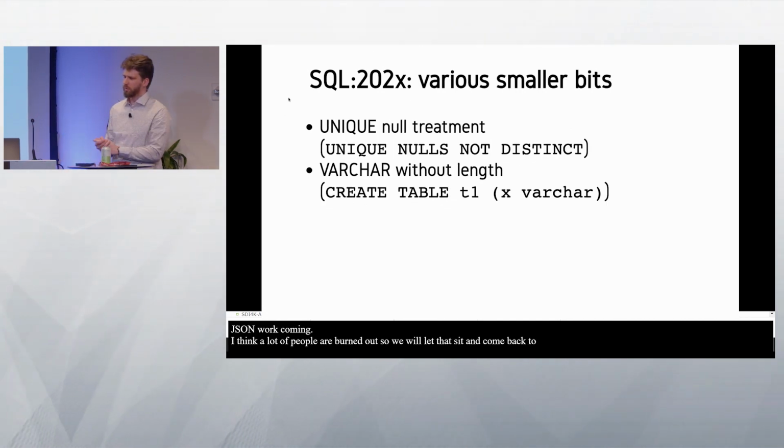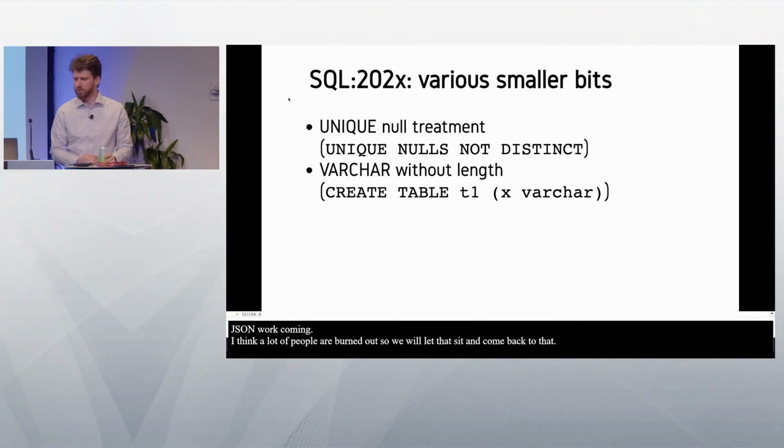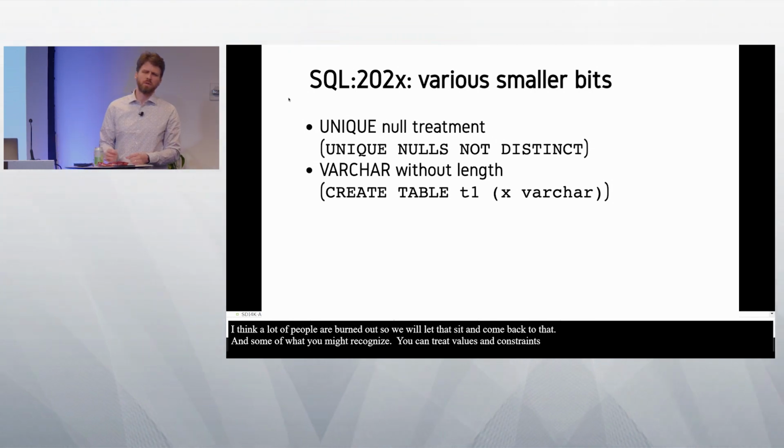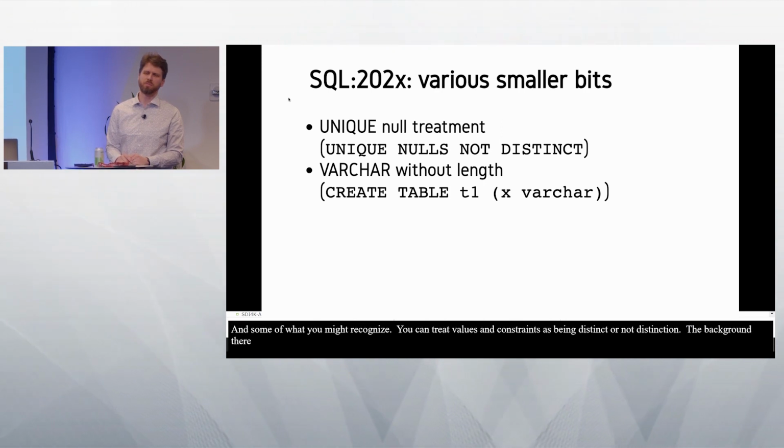And there are very smaller bits, some of which you might recognize. So this unique null treatment is actually in Postgres 15. You can treat null values in unique constraints as either being distinct or not distinct. The background there is that the way it used to be written was ambiguous.